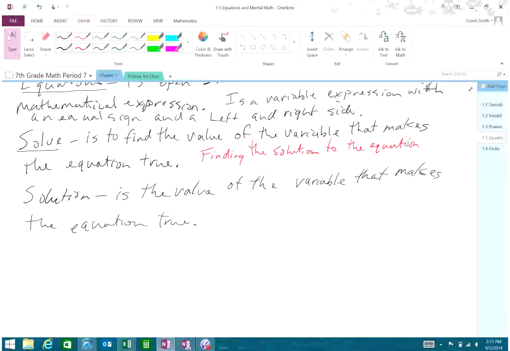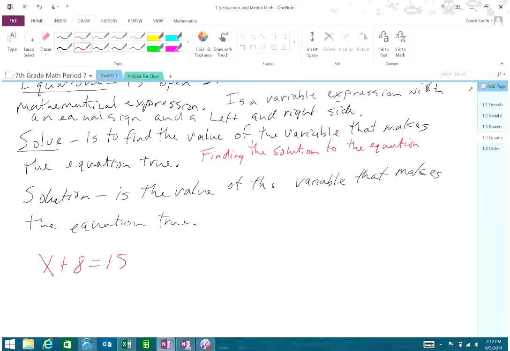All right. So, what we're going to talk about today is having equations that you have to solve mentally. For example, if I gave you the equation x plus 8 equals 15, what they want you to do is mentally think about that equation. So what it says is some number plus 8 would give me 15.